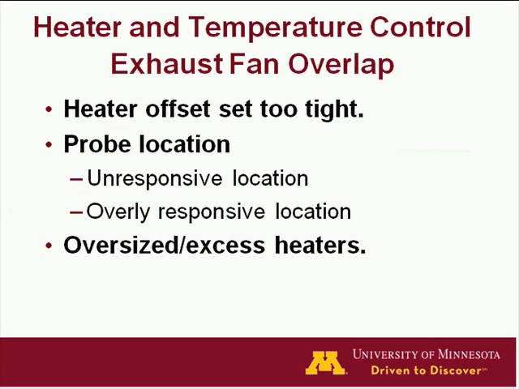If you have an LP gas heater, you see these are direct fired heaters, and the relationship between that heater set point and the fan that controls the temperature, often called the stage 2 exhaust fan, they really shouldn't overlap. The heater offset, if it's set too tight, may overshoot and turn on these temperature control fans, and you'll get a cycle going, and you can really use a lot of heat.